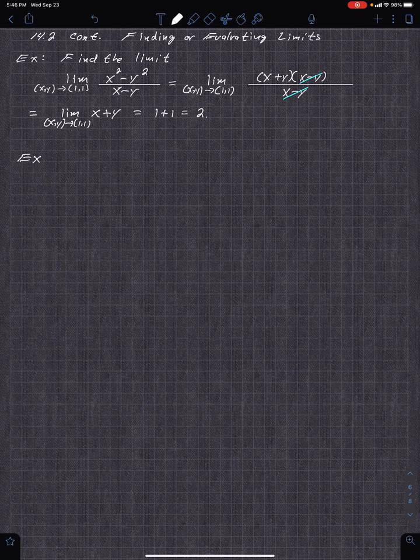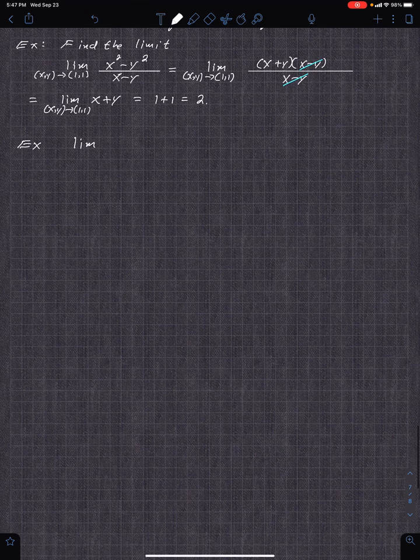So let's take a look at the limit of x plus y minus 4 over the square root of x plus y minus 2, as (x, y) approaches (2, 2).